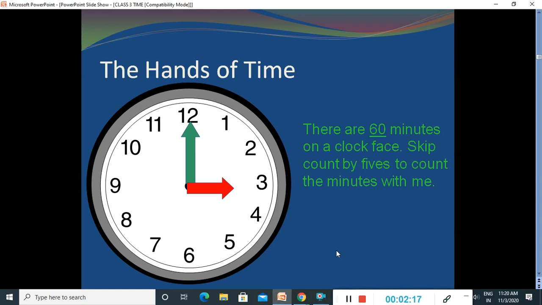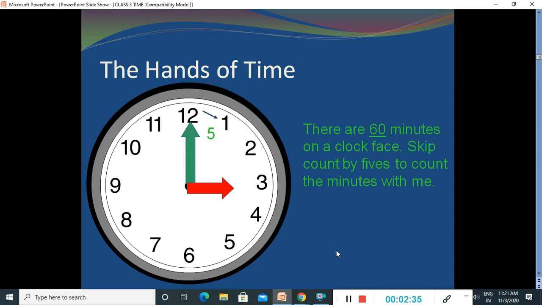So students, there are 60 minutes on a clock face. Means 60 minutes represent 1 hour. You can use the 5 table or skip counting by 5. How?